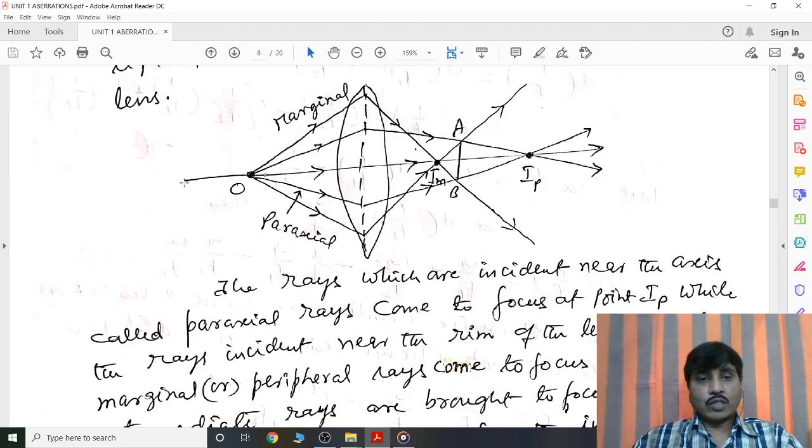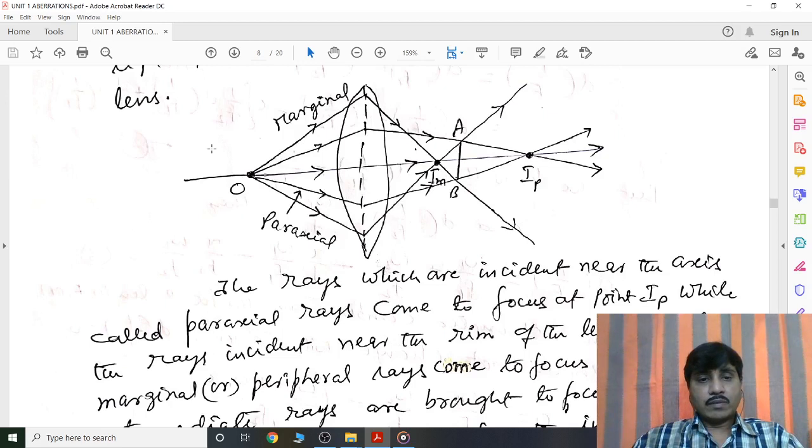This horizontal line is the principal axis of the lens. The rays which are incident near the axis of the convex lens, called paraxial rays, come to focus at point IP, while the rays incident near the rim or edge of the lens, called marginal rays or peripheral rays, come to focus at point IM.